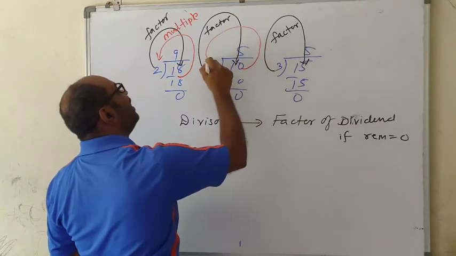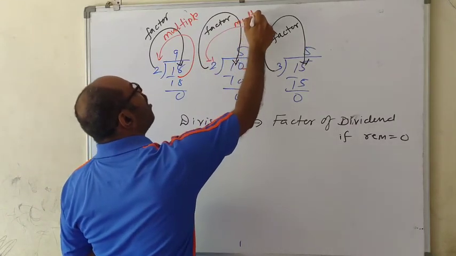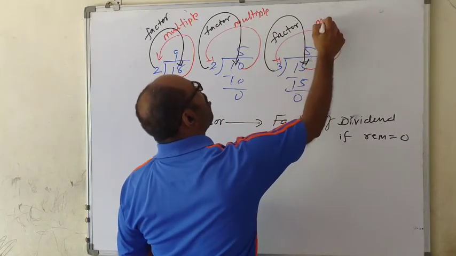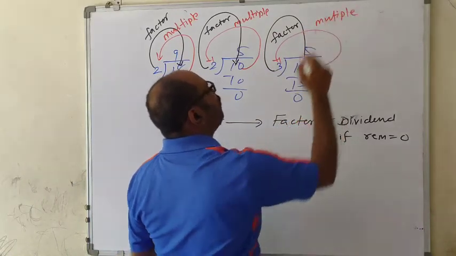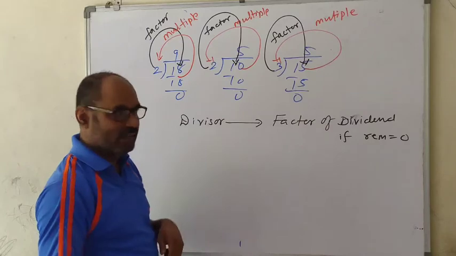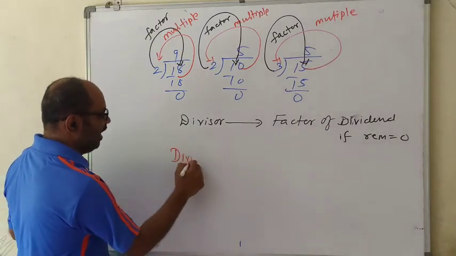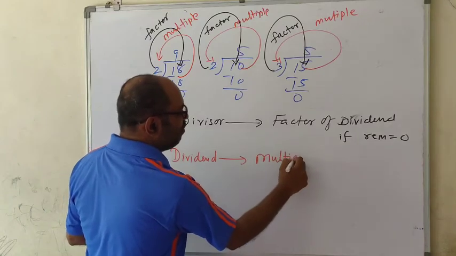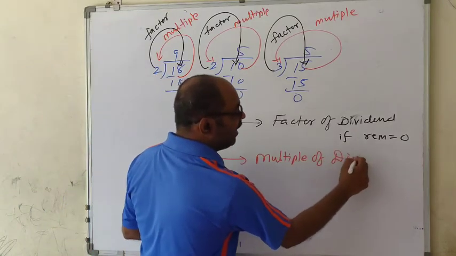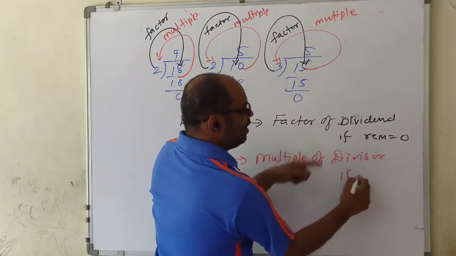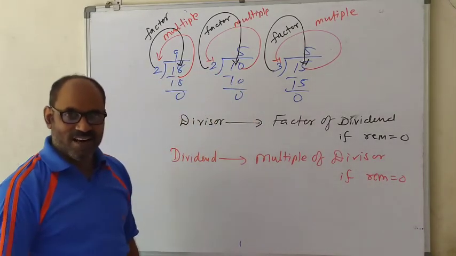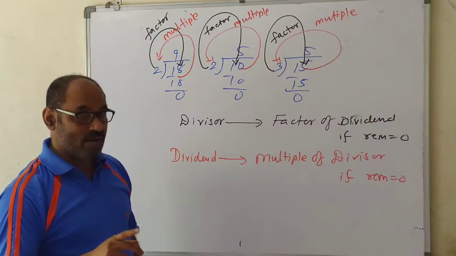This 10 is called a multiple of 2. This 15 is called a multiple of 3. So dividend is called a multiple of divisor, but with the condition, if remainder equal to 0. Got it, children? Remember this concept very well.